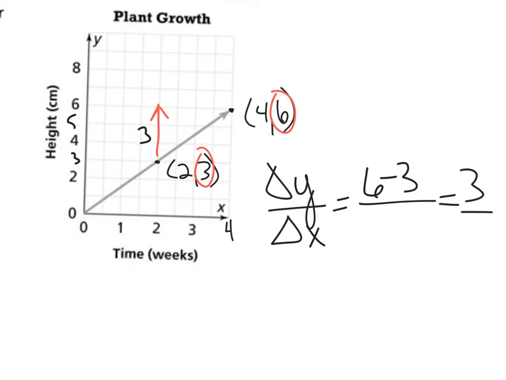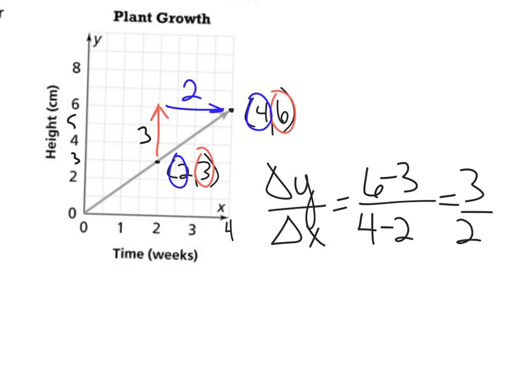And then the change in x. So our x values are 4 and 2. So we could subtract those, and that would actually be 2. Again, it's going over 4 squares, but they're going by halves, so watch out for that. So 4 minus 2 is 2.